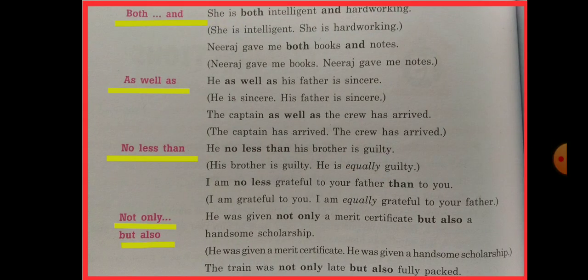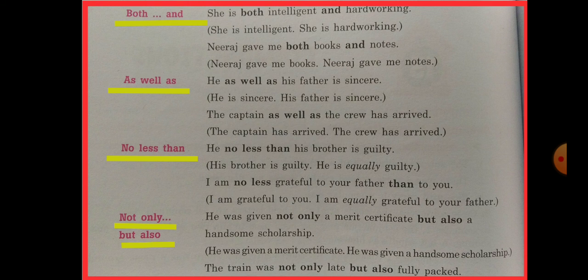Now the use of another coordinating conjunction of addition, both and, like: she is both intelligent and hardworking. This sentence is made from these two sentences: she is intelligent, she is hardworking. Both independent statements of equal rank can be joined by using a coordinating conjunction.